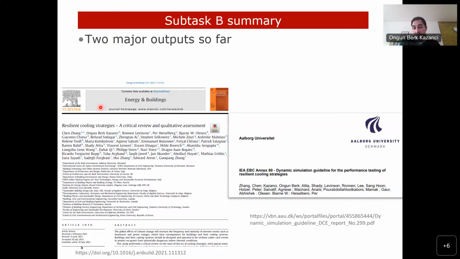And then the second main output so far has been to develop dynamic simulation guidelines so that we can test the performance of resilient cooling strategies, basically to create a uniform, let's say, platform. When we do the simulations, we agree on the boundary conditions, so we can get the outputs and compare them on a more even basis, regardless of who's running the simulations.